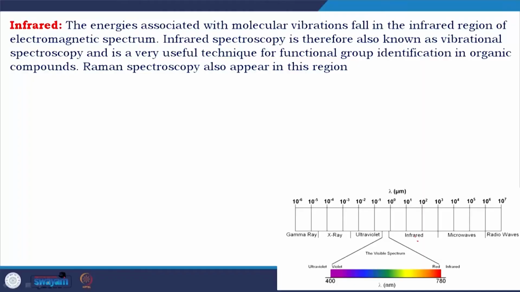It is a very useful technique for functional group identification in organic compounds. In addition to infrared, Raman spectroscopy also operates in that level, and that is why infrared and Raman are competitive.